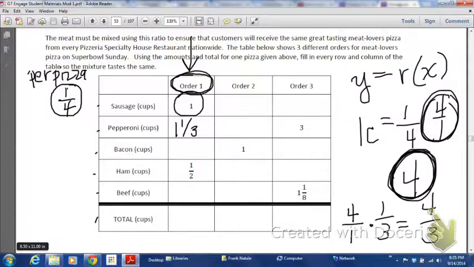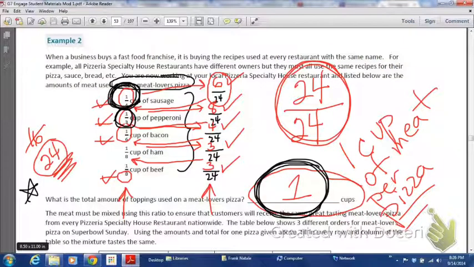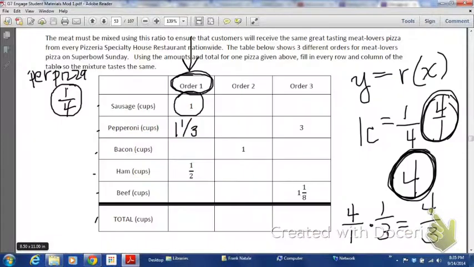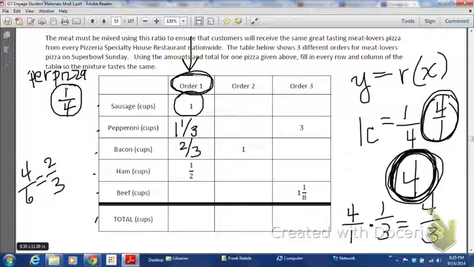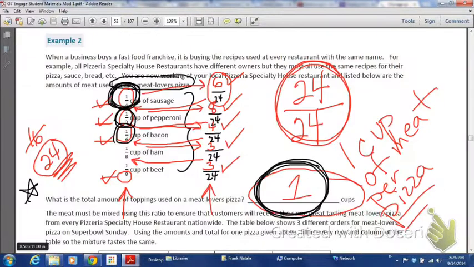Okay. Now bacon is normally 1/6 of a cup of bacon. If we multiply that by our multiplier of 4, we have 4/6, or as you can see, 4 over 6. We can simplify that to 2/3. 2/3 cups of bacon. Now let's look at ham.